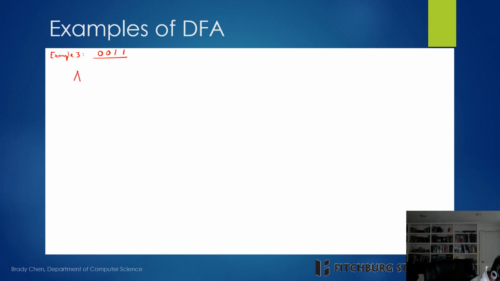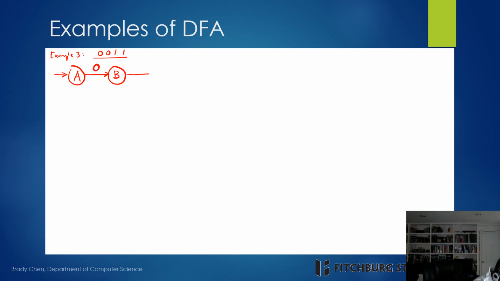So let's start with the state A. Now, if the first input character is 0, then we will go to the next state B, because we want to build a finite automata which accepts a string which contains 0, 0, 1, 1. If the first one is 0, that means this is good.